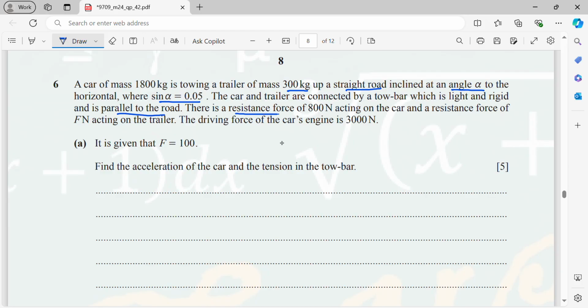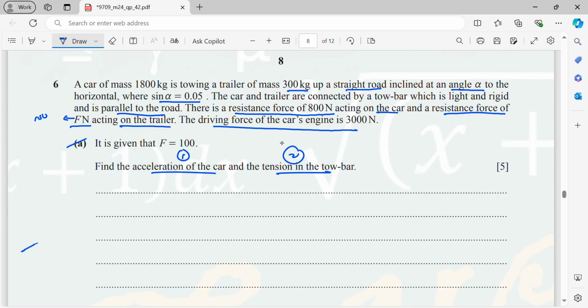There is a resistance force of 800 newtons acting on the car and a resistance force of F newtons acting on the trailer. The driving force of the car's engine is 3000 newtons. Now A, given that F is 100, find the acceleration of the car and the tension. So here we have two parts, acceleration and tension in the tow bar.